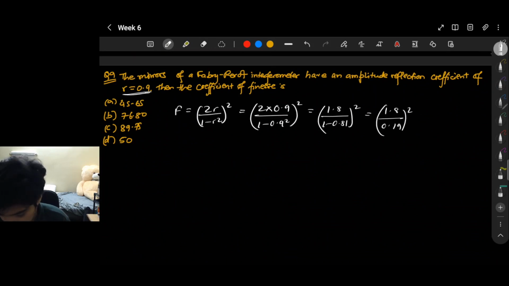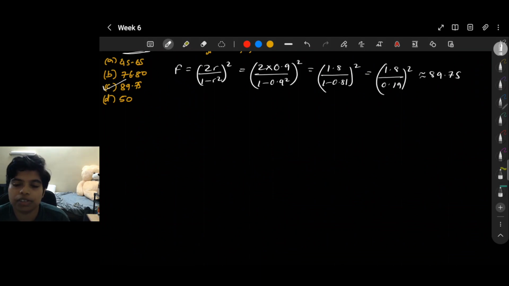Let me plug this in the calculator: 1.8 divided by the denominator, this is approximately 89.75. Great, option C. Very simple, straightforward questions. You will definitely get some such simple, straightforward numericals. You just have to remember the expressions.